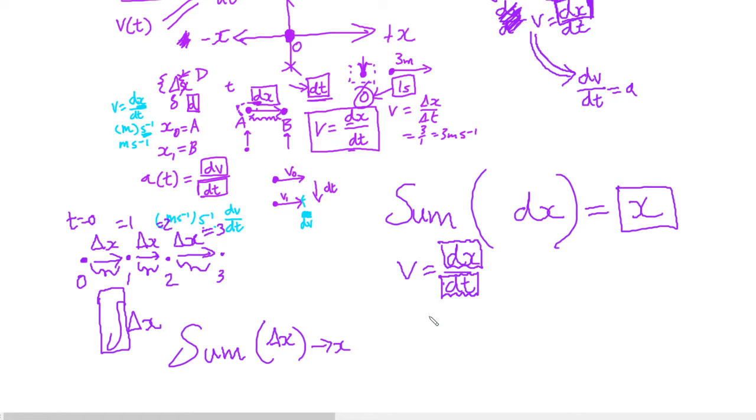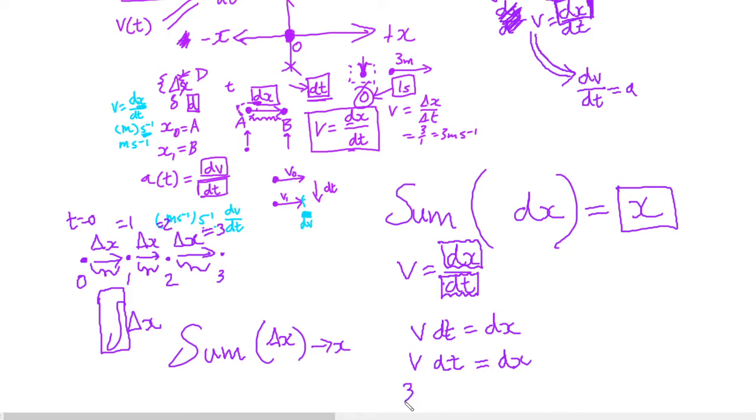So if we multiply both sides by the change in time dt, then we get v dt is equal to dx, which means that the velocity multiplied by the time in which the velocity can act is equal to the change in position that the particle experiences.